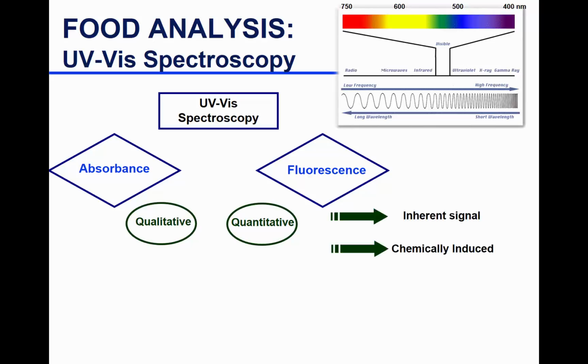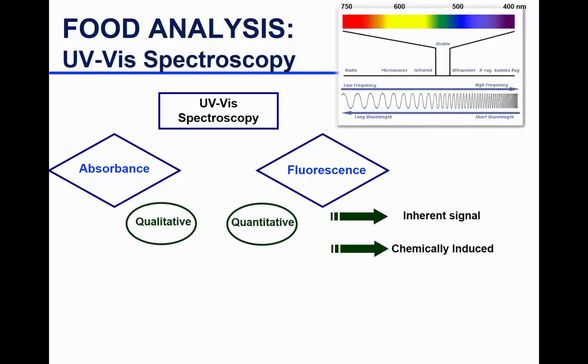Some of the compounds that you'll be analyzing will have an inherent signal. With inherent signal, what I mean is that they can absorb light or they can emit light. The other case is chemically induced, meaning initially they don't absorb or emit light, and you initiate a chemical reaction and the product generated will either absorb light or emit radiation.